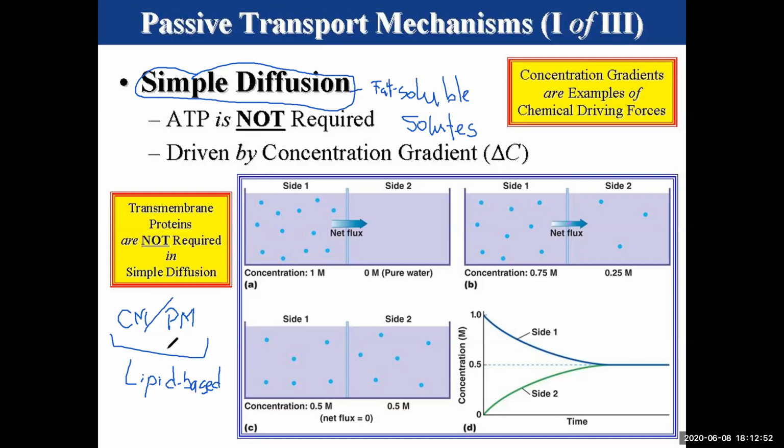So they're simply allowed to move across the membrane, driven only by concentration gradients of these solutes. Since they're compatible with fat, they can move through the membrane.